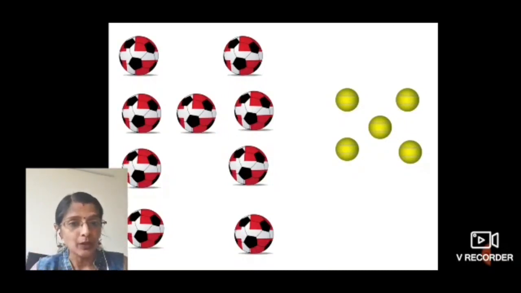It was about small balls. So we can write number of small balls is equal to 5. So this is how we frame statements. Depending on the information, we increase the number of statements. Here, because we have only 2 pieces of information, that is 9 big balls, 5 small balls.